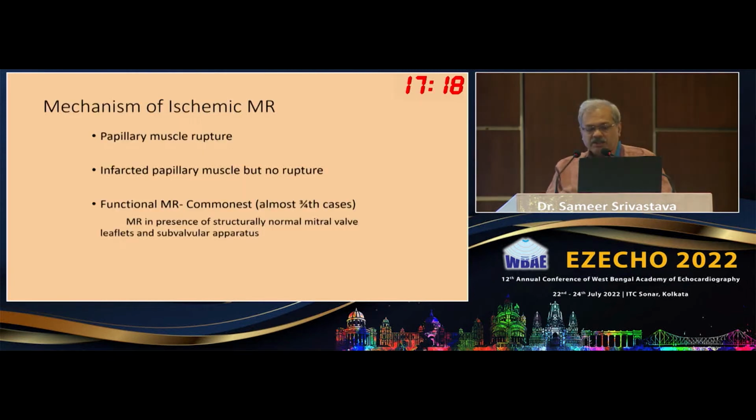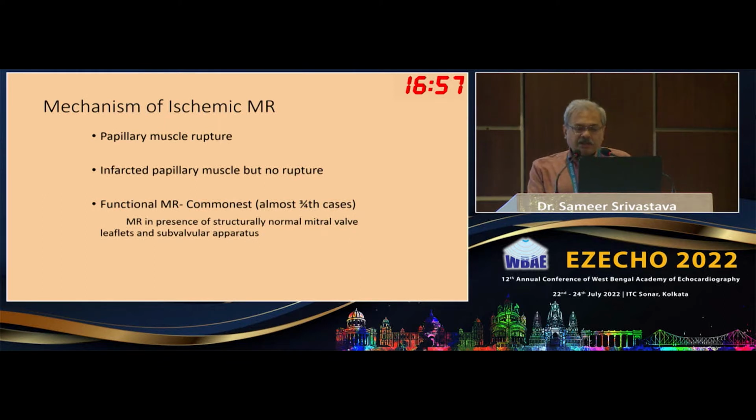Now coming to the ischemic MR in particular, ischemic MR can be because of papillary muscle rupture, infarcted papillary muscle but no rupture, and close to about 3/4 of cases, which is functional MR, which is the commonest, there is MR in presence of structurally normal mitral valve leaflets and subvalvular apparatus.